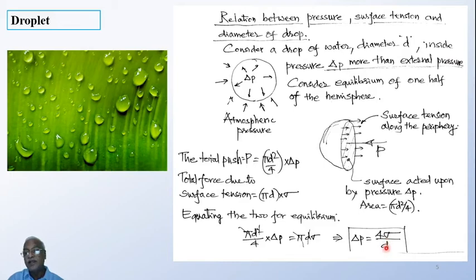If it is less, the pressure inside will be more, and if the diameter becomes larger, then the pressure inside becomes lesser. So to say, if you have smaller drops, they are not easy to disturb, but if you have bigger drops, obviously it will be easy to break them into smaller droplets.